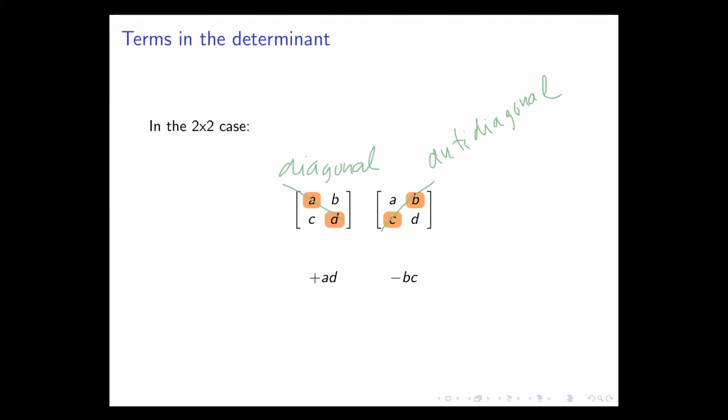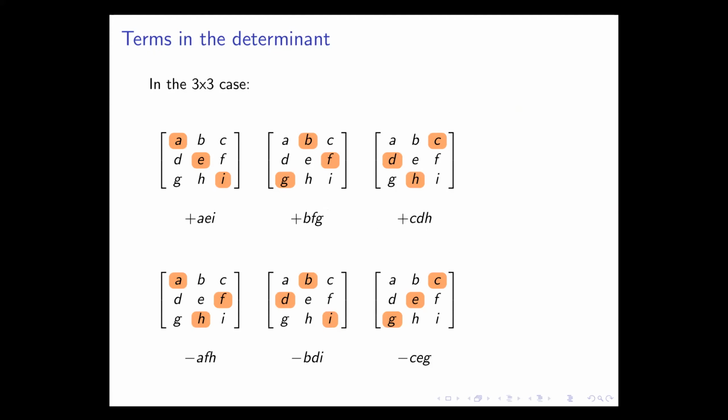They both exist for any square matrix. Okay, and in the 3 by 3 case, it's the star formula, which I illustrated for you before, and here it is for you again. The pluses appear from the diagonal and the two triangles that go next to it, and the minuses appear from the anti-diagonal and the two adjacent triangles.